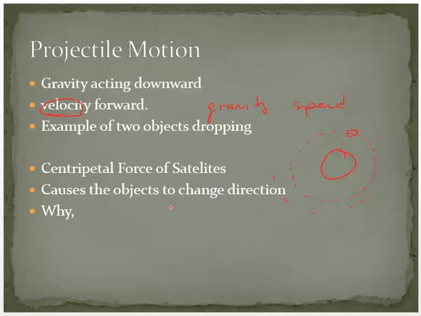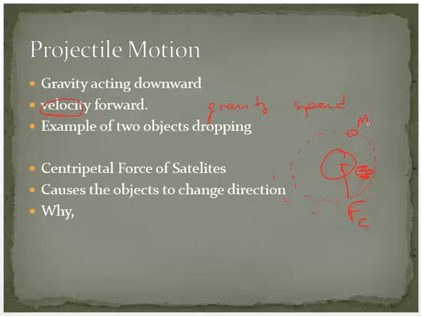So this object, this is called a centripetal force. This centripetal force is what pulls the object to the middle. Well, it should actually be F_C, and it's a centripetal force. This is pulling the object in. Now, how do we know there's a force pulling it in? Because this object has mass.